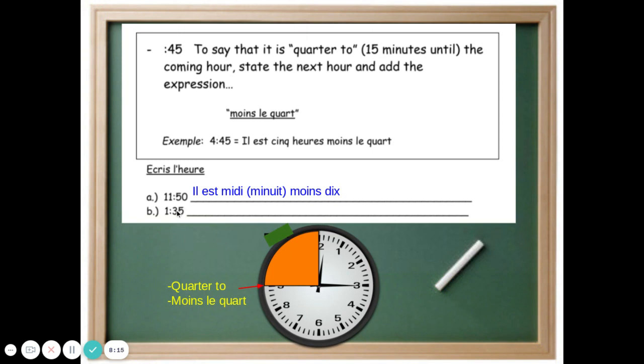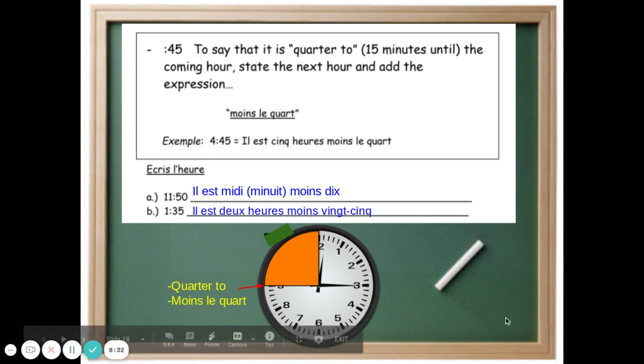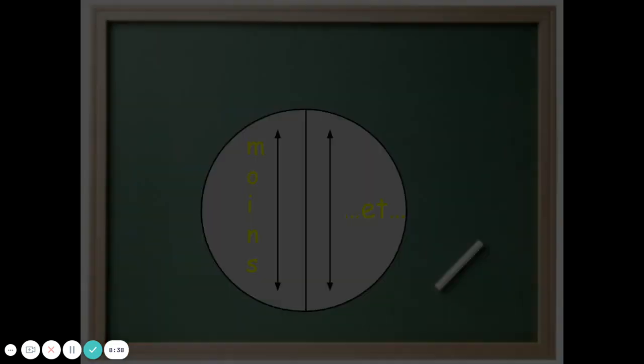Or you could say 60 minus 35 is 25. So your answer would be il est 2 heures moins 25. It is 25 minutes until 2 o'clock, or it is 2 hours minus 25 minutes. You could write them either way. Pause if you're still writing. If not, we're going to move on.